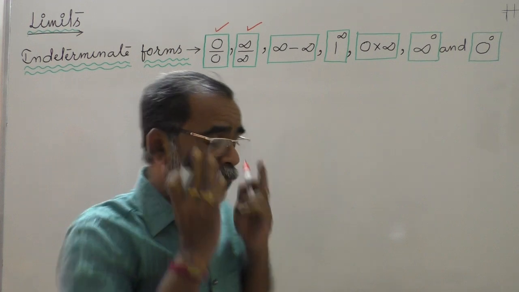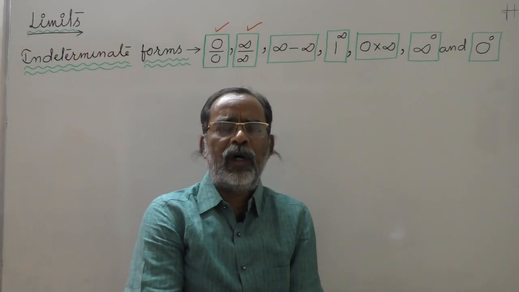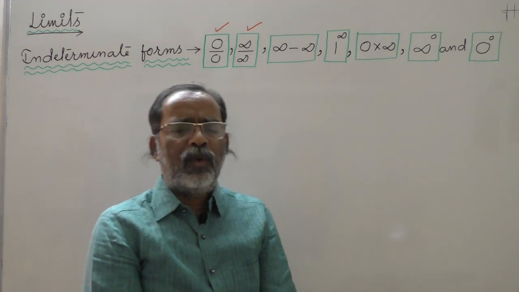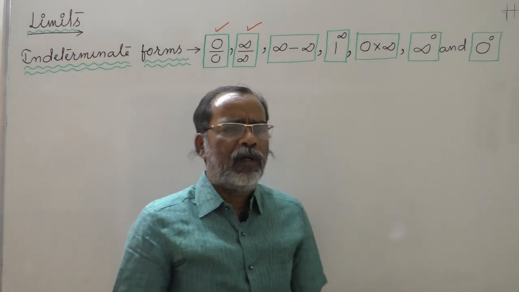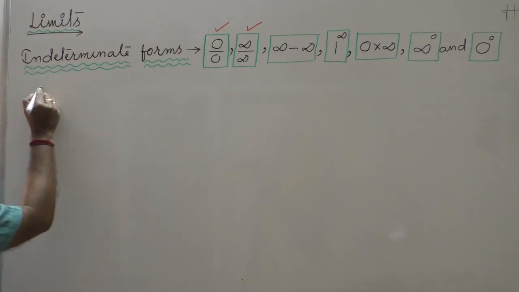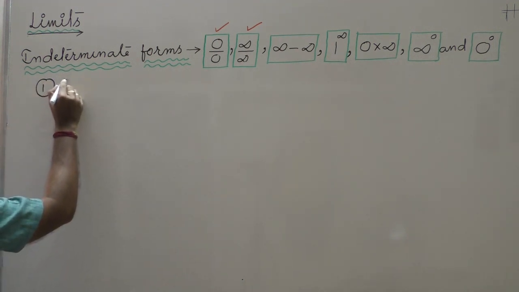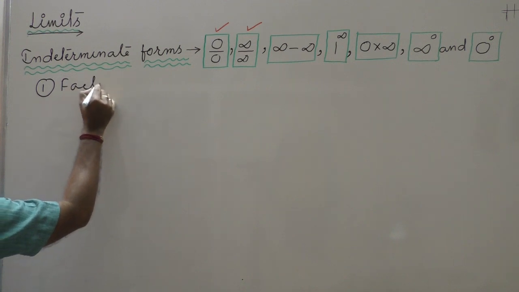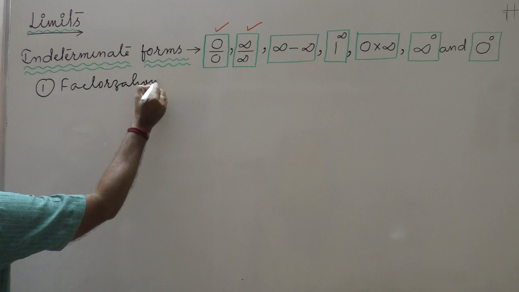Listen carefully. When a problem is given, you are finding a limit, and you got 0 by 0 or infinity by infinity. Then there are certain methods. First one, if you are getting an indeterminate form, you can use the factorization method.